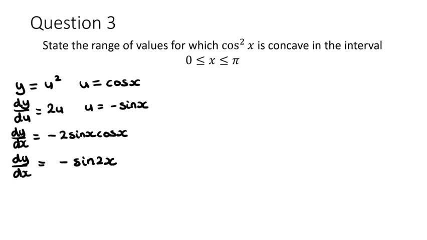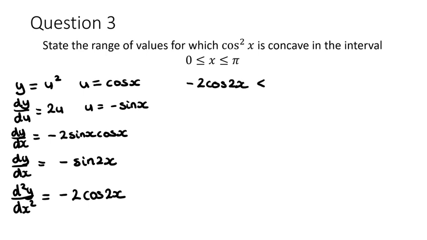Can that help me? It will here. So you're going to differentiate minus sine 2x, which will be finding our second derivative. That's going to be minus 2 cos 2x. If it's concave, as I mentioned at the start, the second derivative is going to be negative. So we know that minus 2 cos 2x is less than 0.